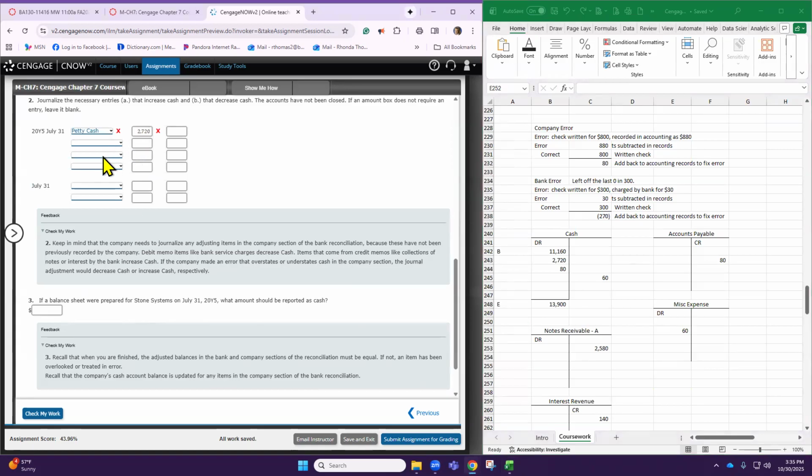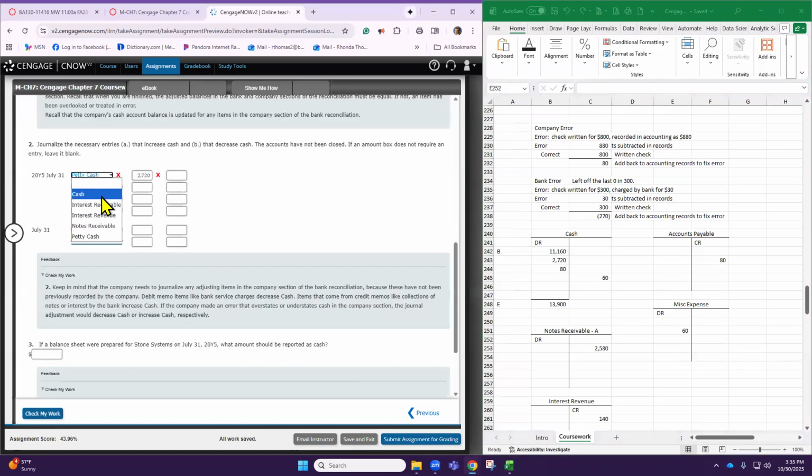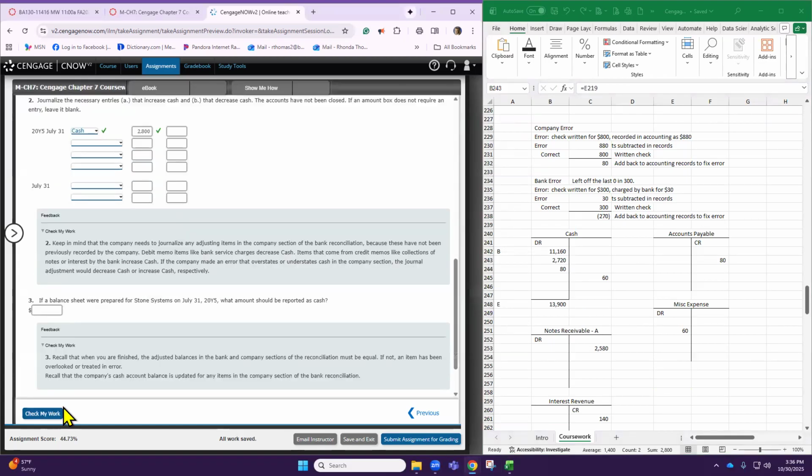Okay, no. Oh my goodness, sorry, cash. I think this is added together. Cash is going to go up by the added amount of $2,800. Let's see if this is right.